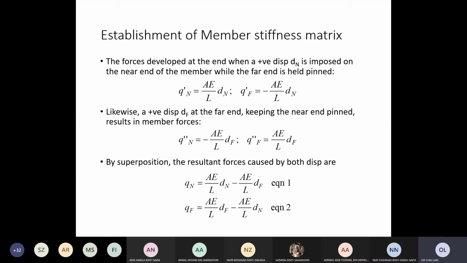So there are a few forces that will be developed at the near end and far end, similarly like in the beam. I will not go into very much detail here. You can have a reading, but this page shows the development of the end forces with regard to the displacement at the near end and also at the far end.